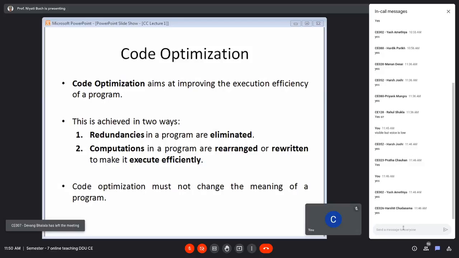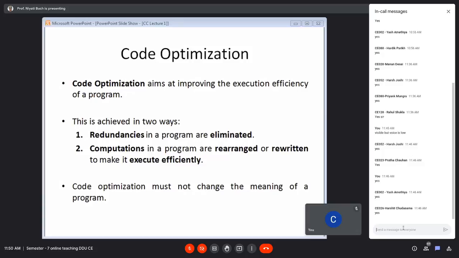Next, we rearrange or rewrite the code. Computations in the program can be rearranged or rewritten so that they can be executed efficiently. So this is how we aim at improving the execution efficiency in code optimization, by eliminating redundancies and rearranging or rewriting our code.